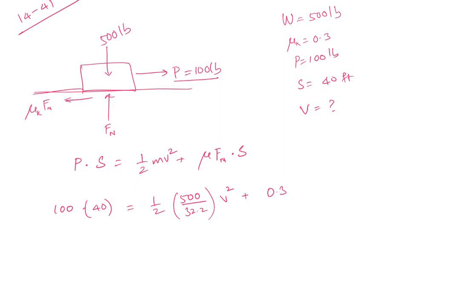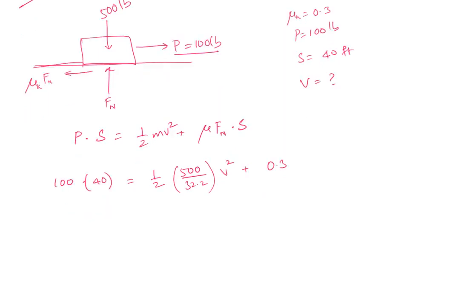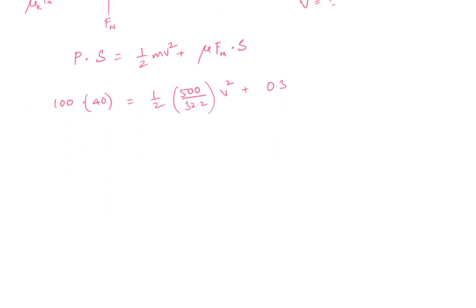So basically Fn is equal to 500. Those are the only two vertical forces. 500 times S is again 40. So when everything is calculated, V is equal to 16 feet per second.